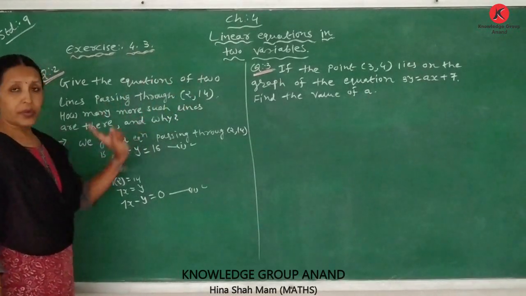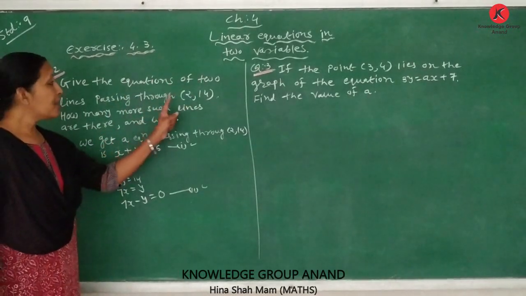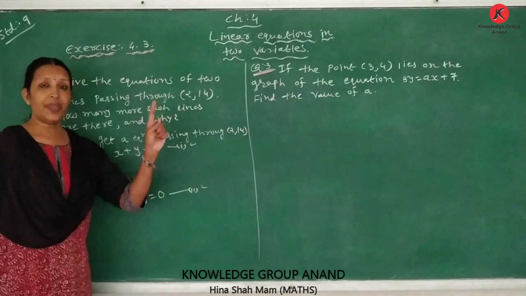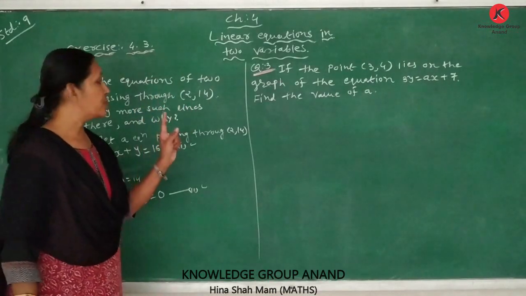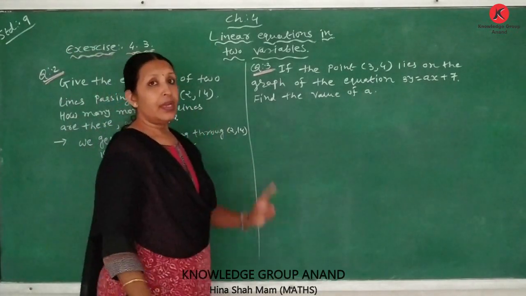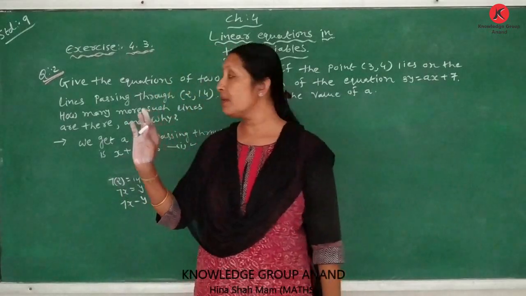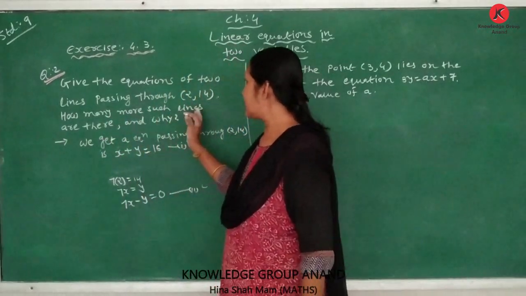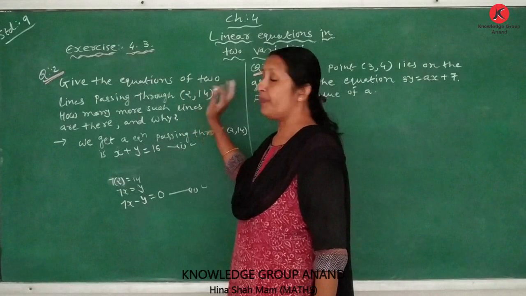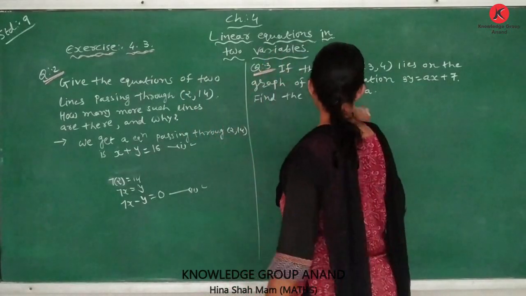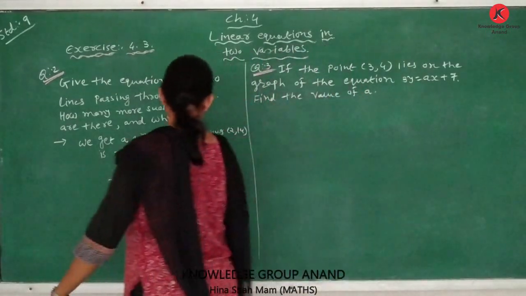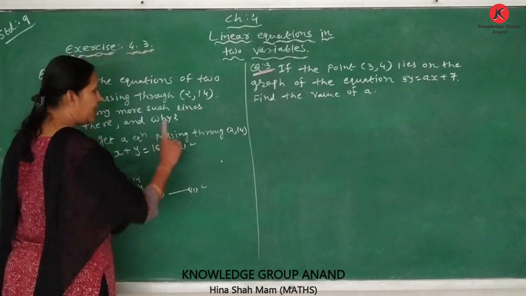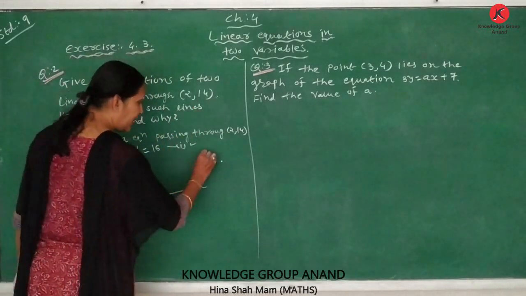We want two equations, but through a point there are infinitely many lines passing. Suppose this is a point, the point is (2, 14).